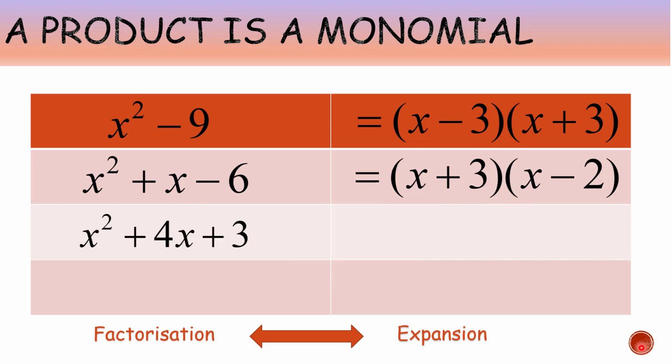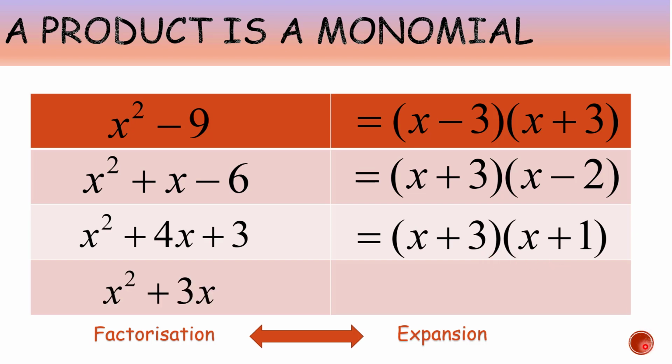X squared plus 4x plus 3 is a trinomial, and this is equal to the monomial, which is a product of two brackets. And finally, x squared plus 3x is a binomial, in other words, two terms, and that is equal to a product because it's x multiplied by a bracket.